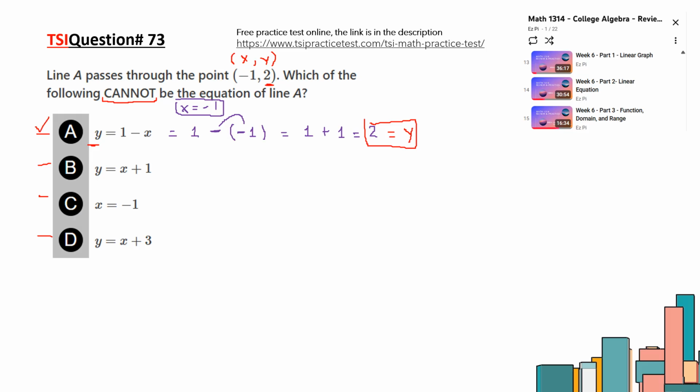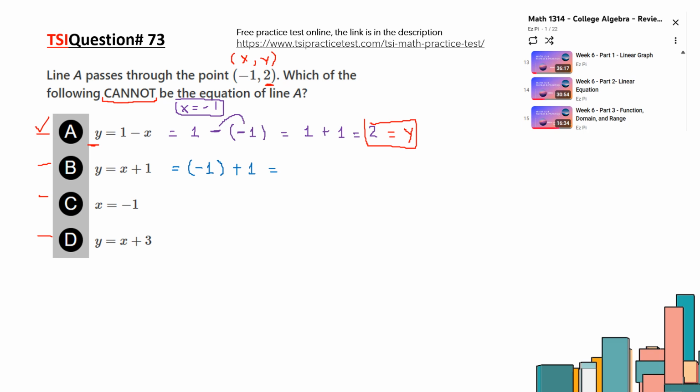A can be the equation of line A. Now we try with B. We have x, we still do the parenthesis when you see x. We add 1, copy the rest, and then we plug in x equal -1 inside the parenthesis.